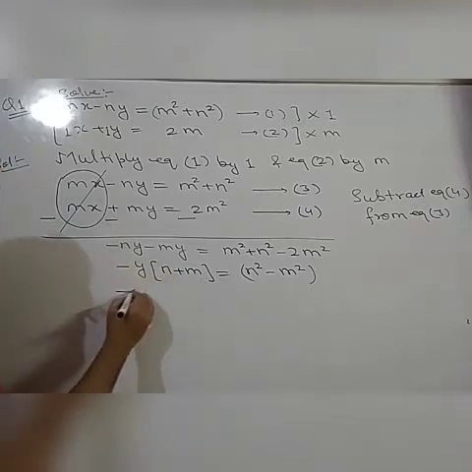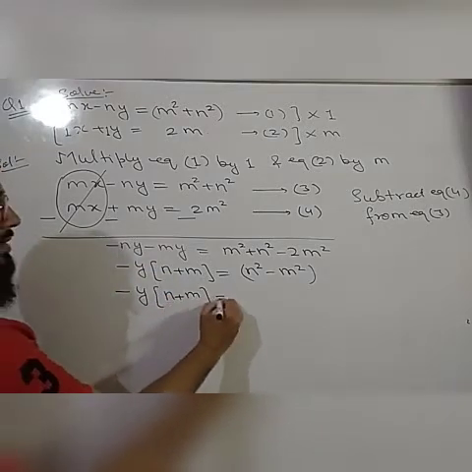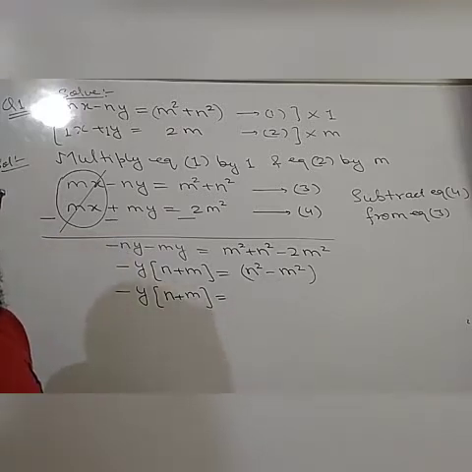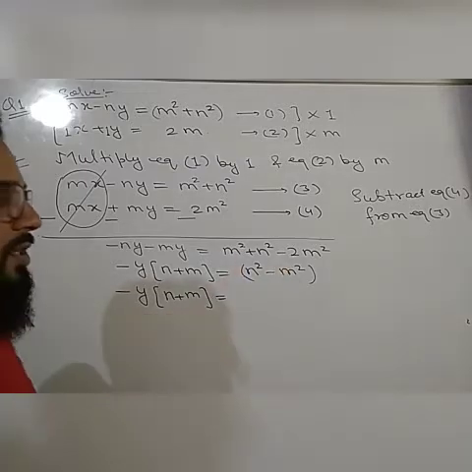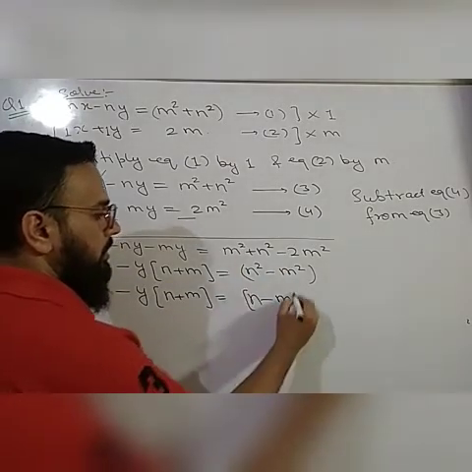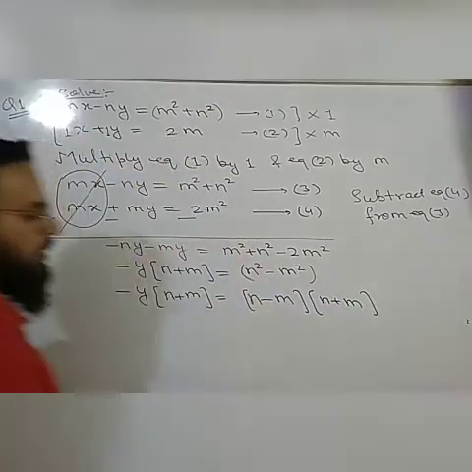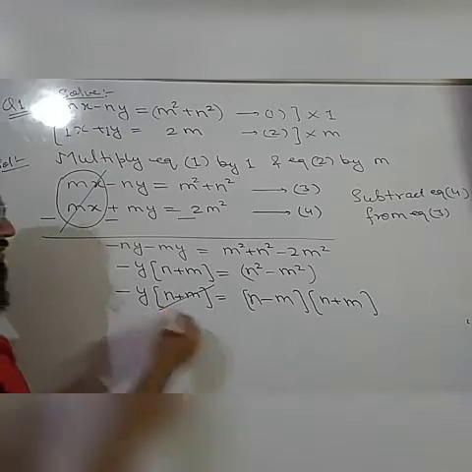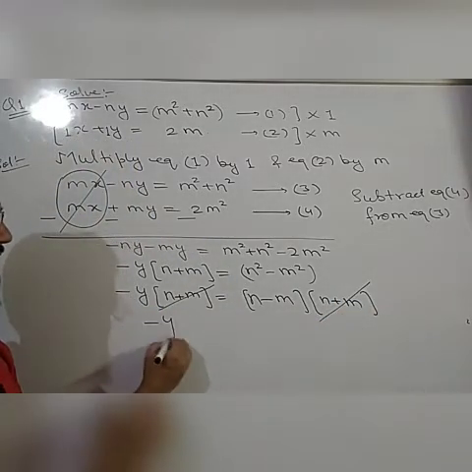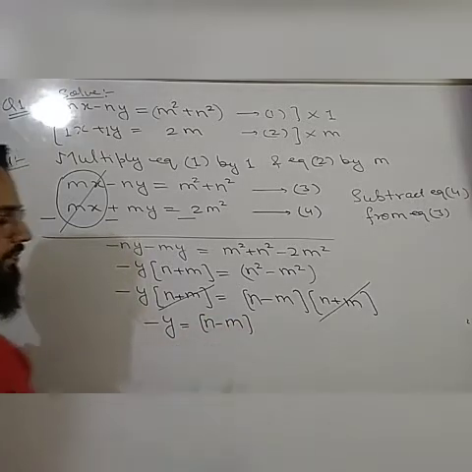Further solving it, we will get minus y times n plus m is equal to, now it is a square minus b square. We will use the identity of a square minus b square, which can be written as n minus m and n plus m. Now this n plus m and n plus m will be cancelled out. So we get minus y is equal to n minus m.